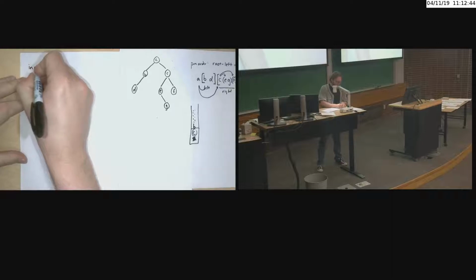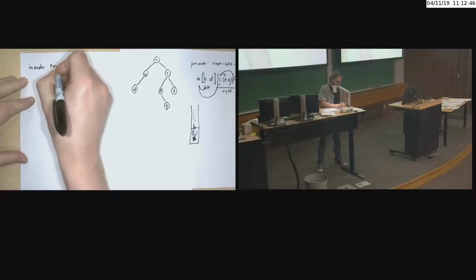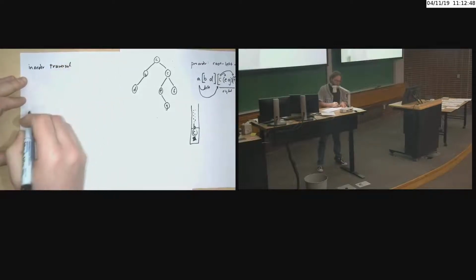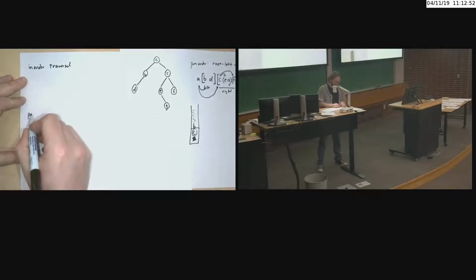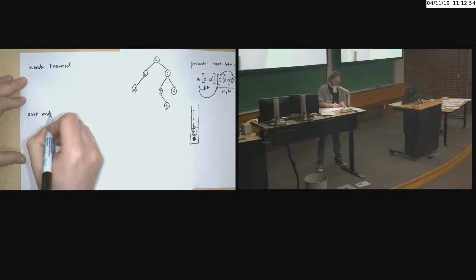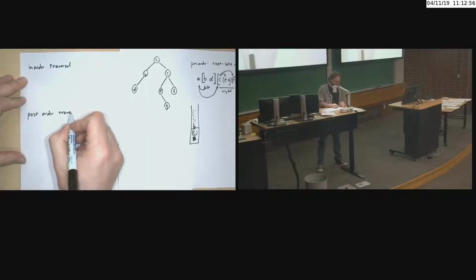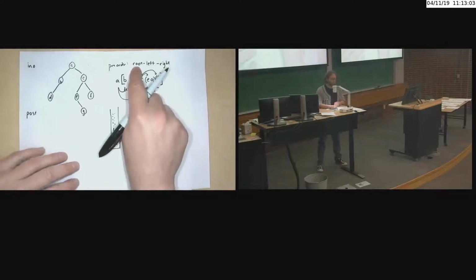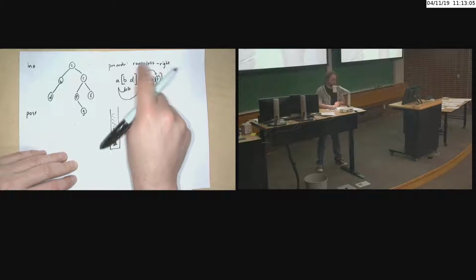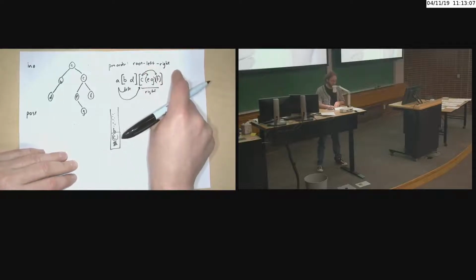There's not just preorder, right? There's also in-order traversal, and what's the opposite of pre? Post. Postorder traversal. All right? So those are very slightly different. With a preorder traversal, you go with the root, then you go to the left, then you go to the right.